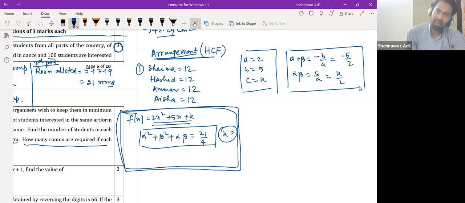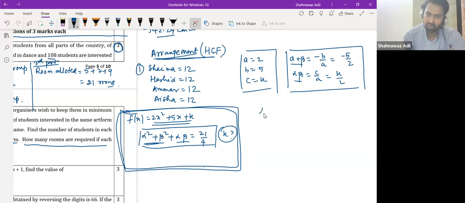So now this part we know. Alpha into beta we know. But this expression is written in a different manner, so we can't use any of these relations directly. What can we do about it? So expand it. We can expand it by the formula alpha plus beta the whole square minus 2 alpha beta. Absolutely right.